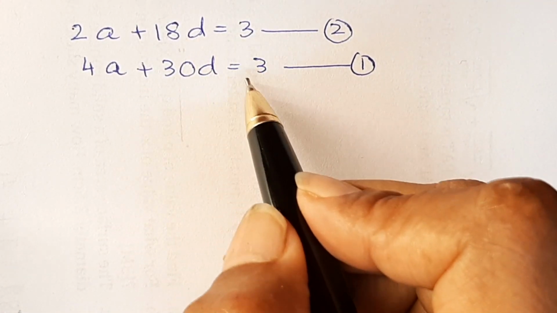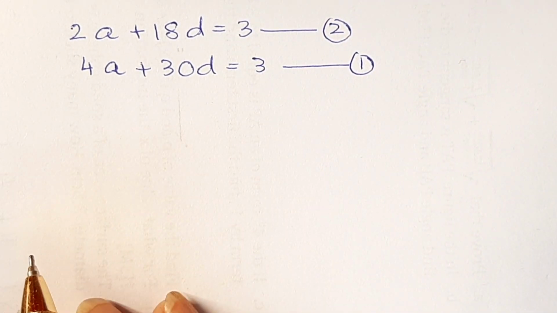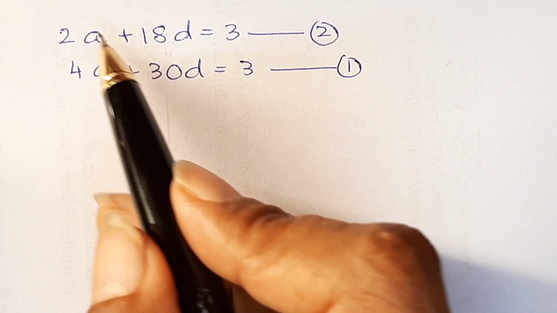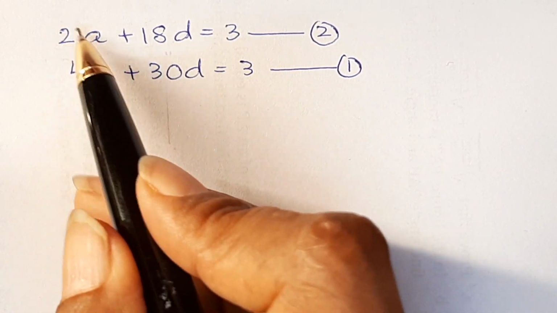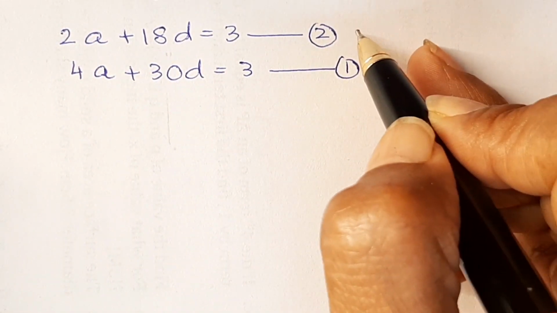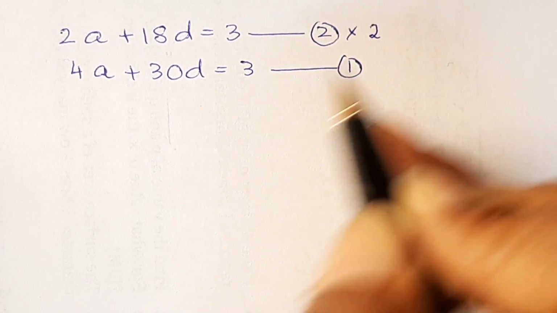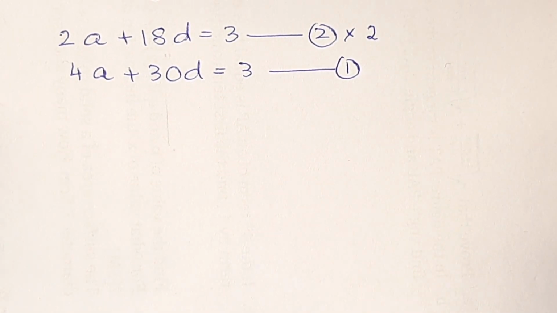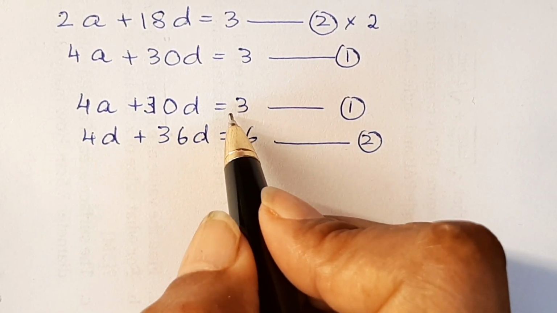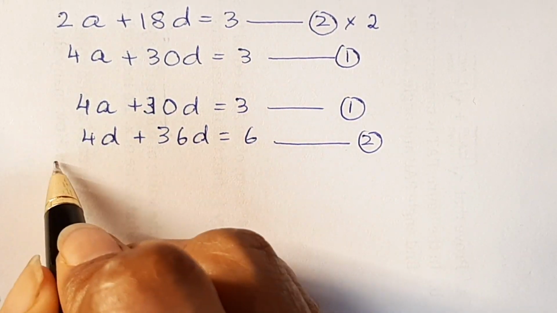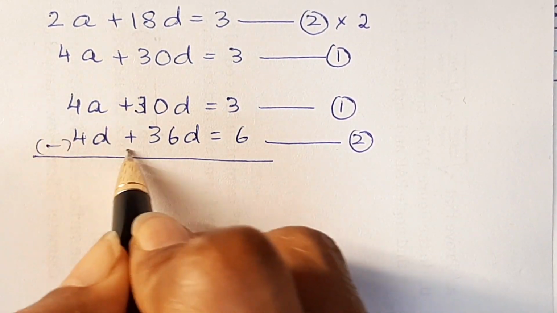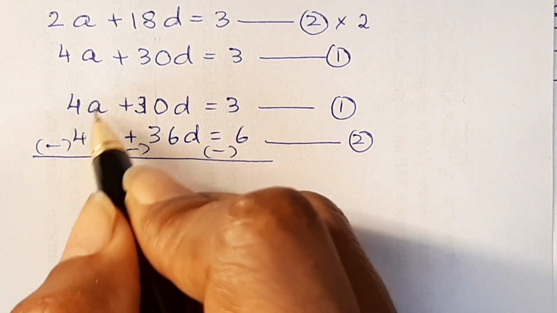So we write the equations one below the other, and you will see that in order to eliminate a, this 2 will have to become 4. So we will multiply this by 2. And now we will write the two equations together. Now we will have to change the signs to subtract.